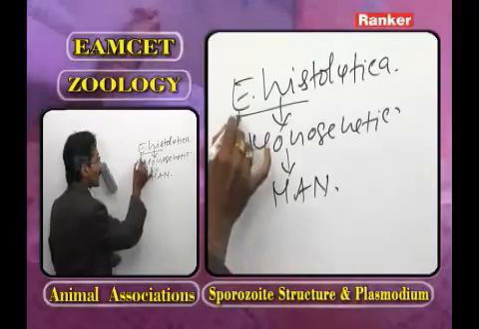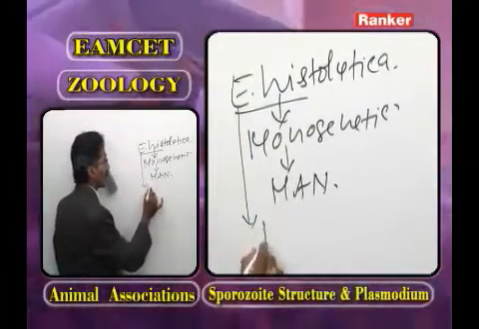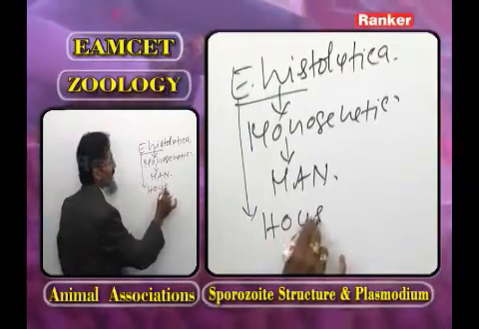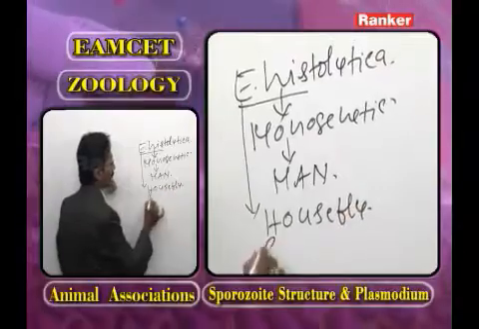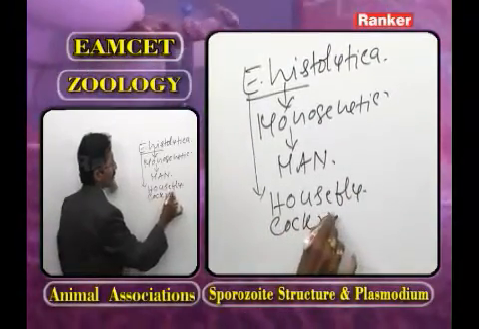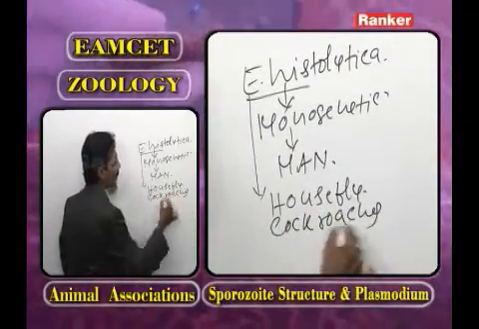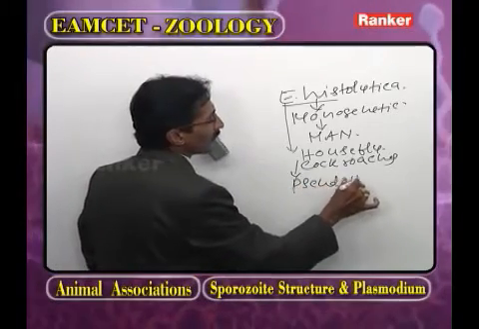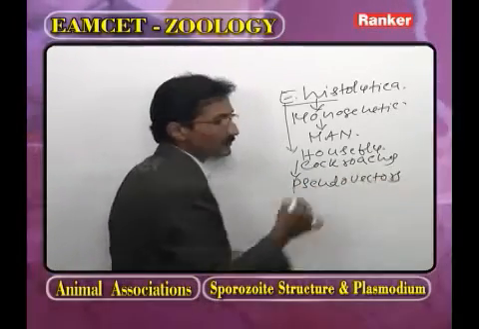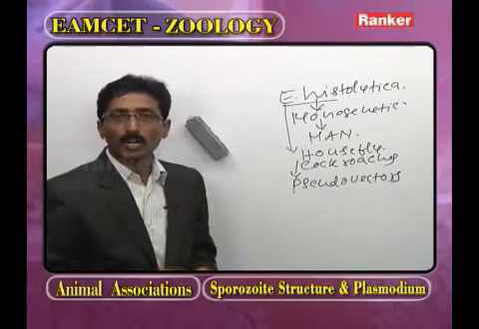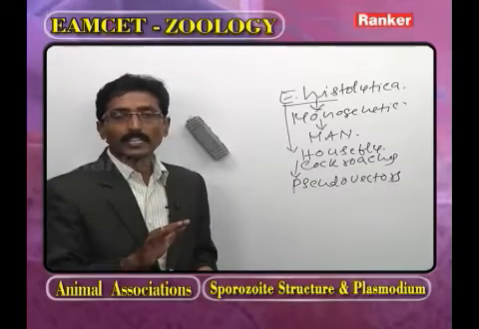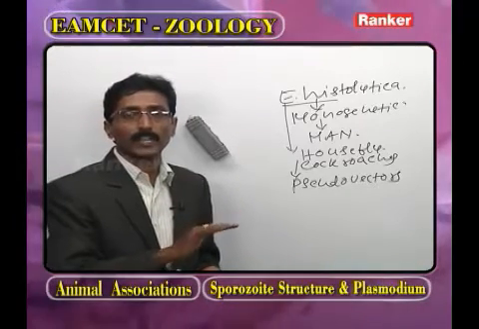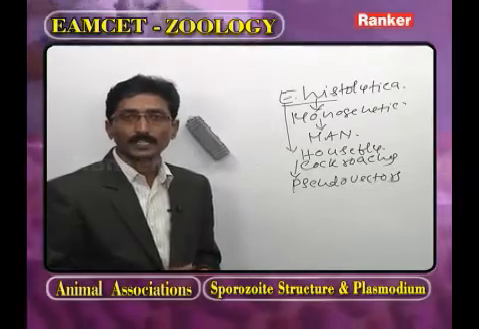In the life history of Entamoeba histolytica, the housefly and cockroaches are said to be the pseudovectors, because in the body of the housefly, Entamoeba histolytica never completes its life cycle.